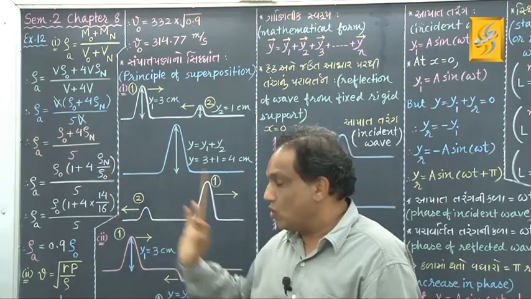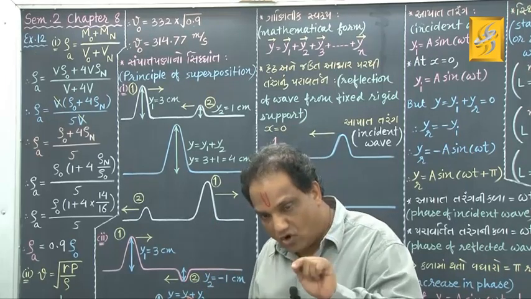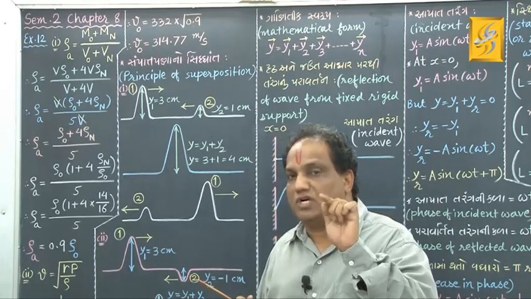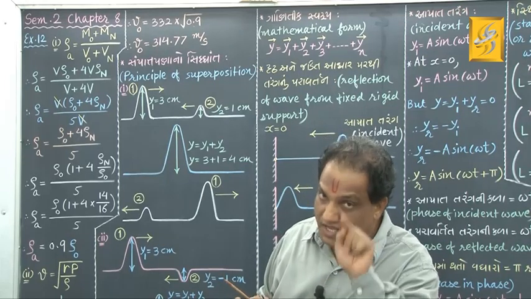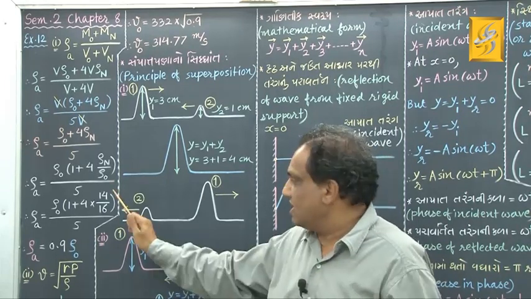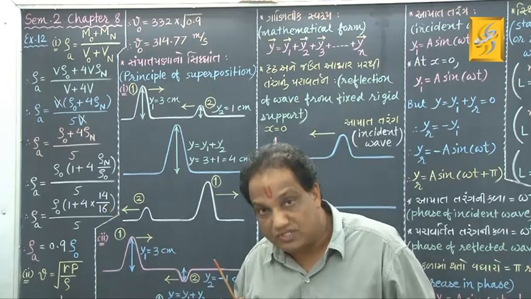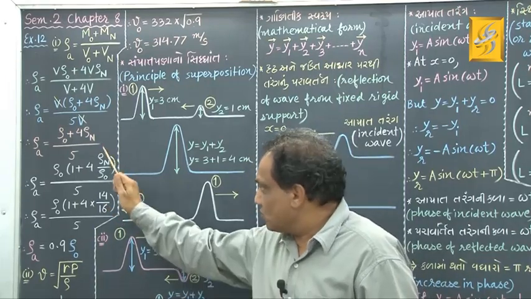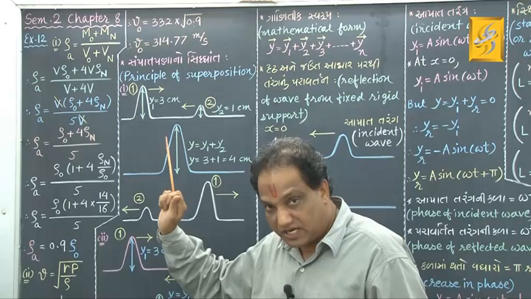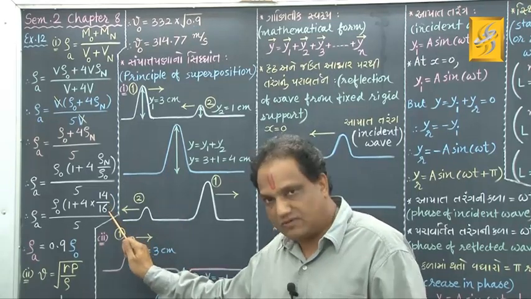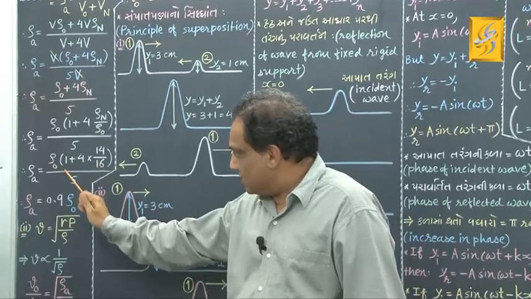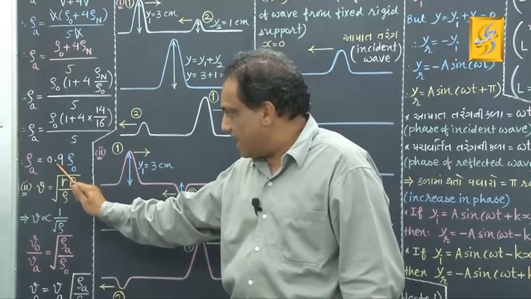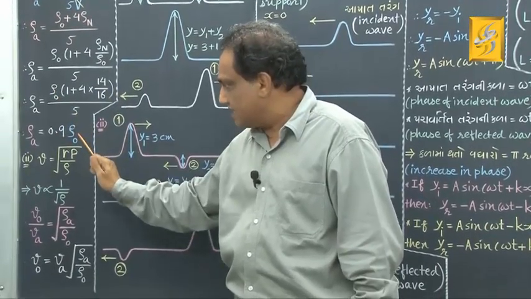Rho N upon rho O means ratio of density of nitrogen to density of oxygen, and that ratio they have given in the statement as 14 upon 16. So this ratio, value wise, is 14 upon 16. Okay? Simplify. Now this simplification comes out to be 0.9 into rho O as it is.